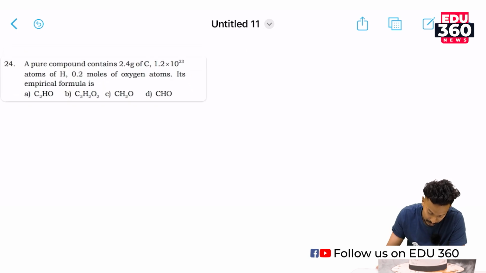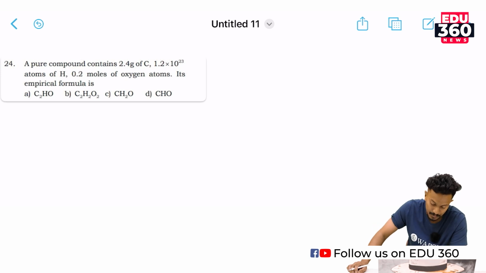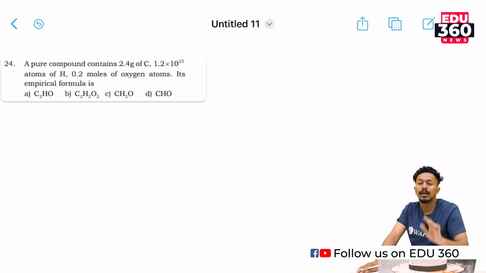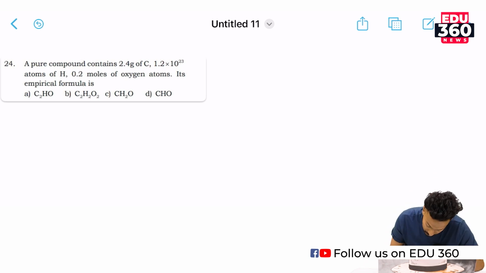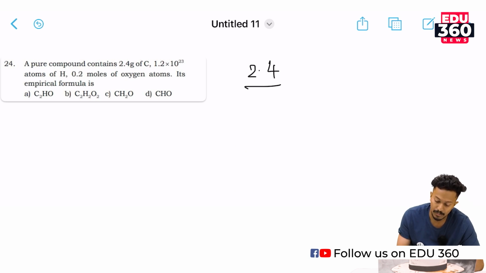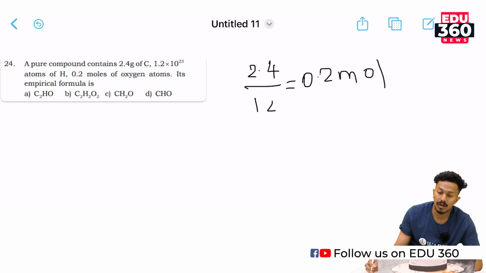A pure compound contains 2.4 gram of carbon, 1.2 into 10 raised to 23 atoms of hydrogen, and 0.2 moles of oxygen atoms. We have to find the empirical formula of this compound. The number of moles of carbon is given mass by molecular mass, 2.4 divided by 12, which gives 0.2 mole of carbon.